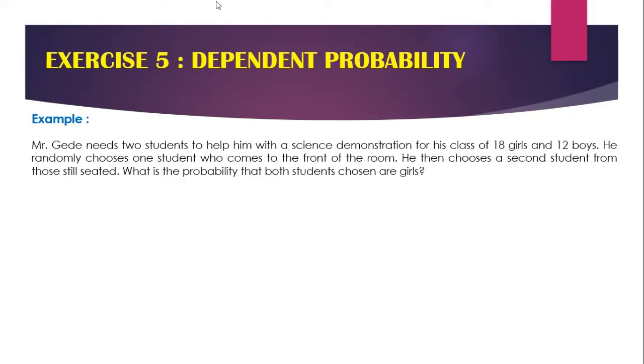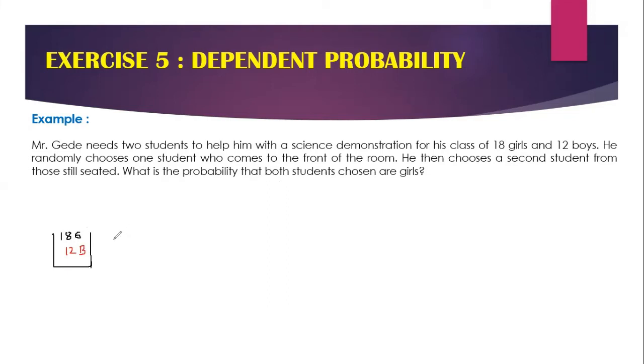Very easy. For the first, we have a new composition, right? The composition is 18 girls and 12 boys, right?